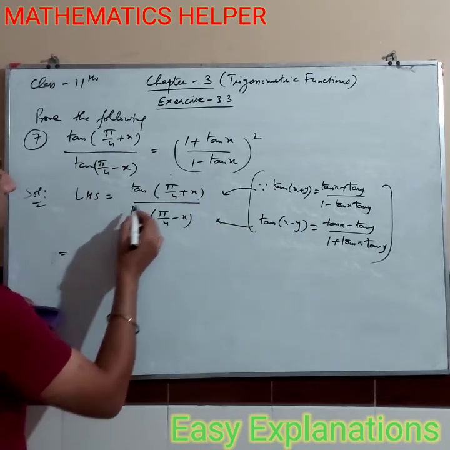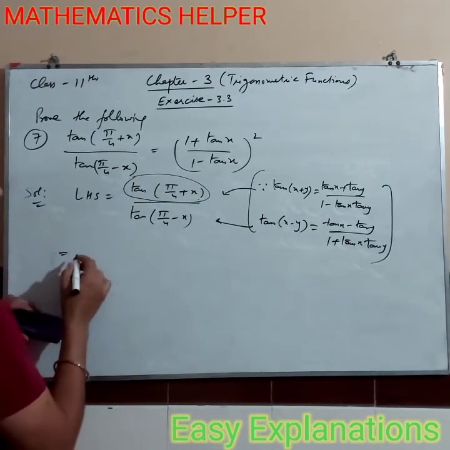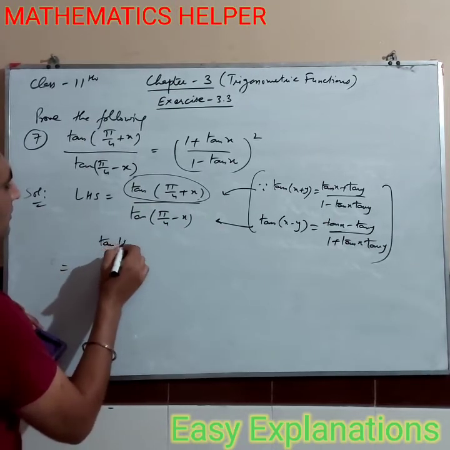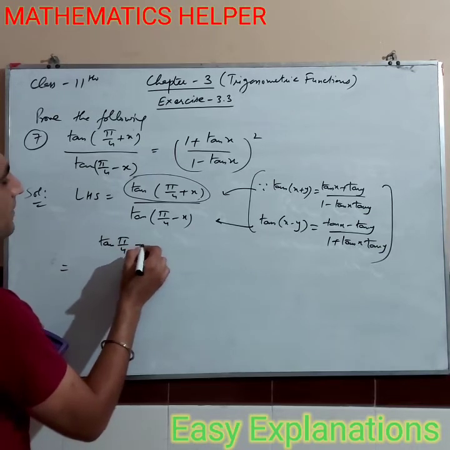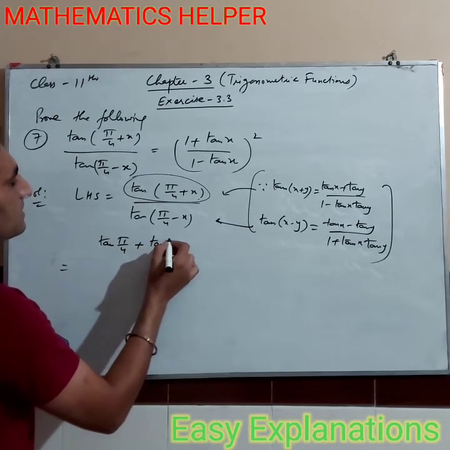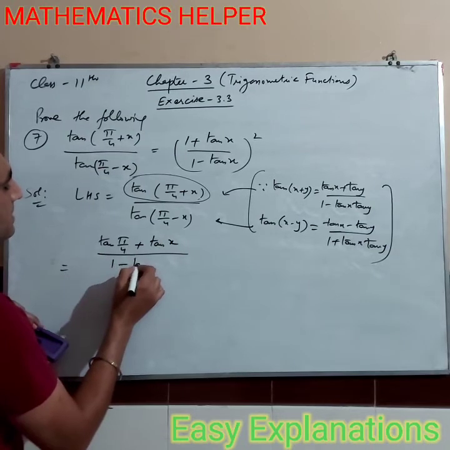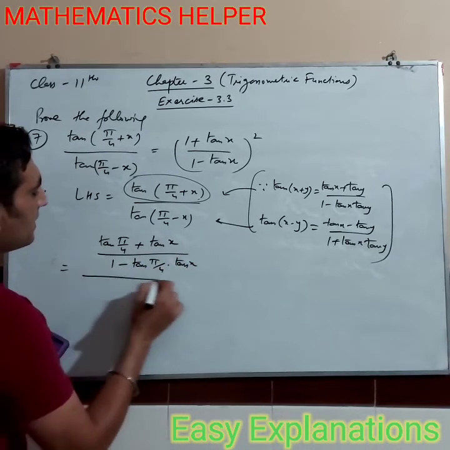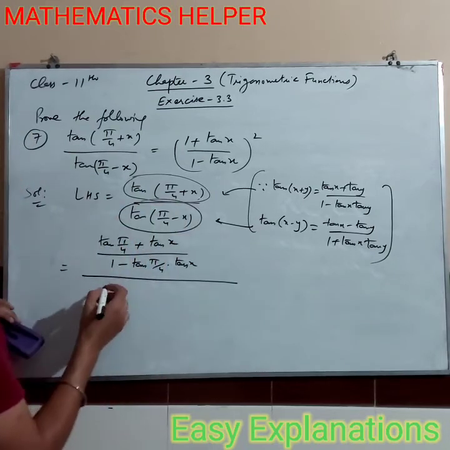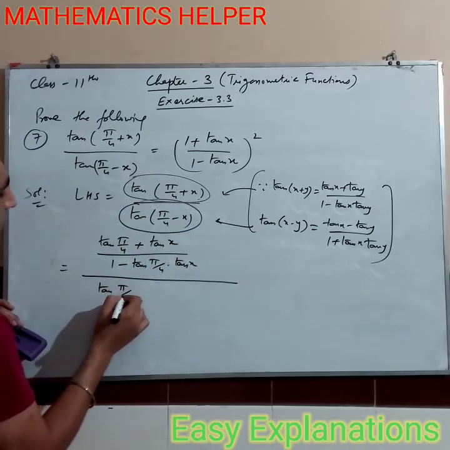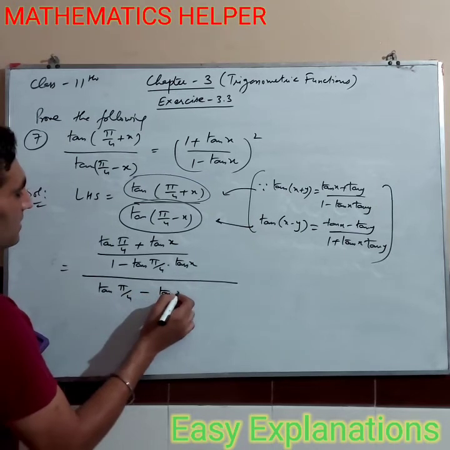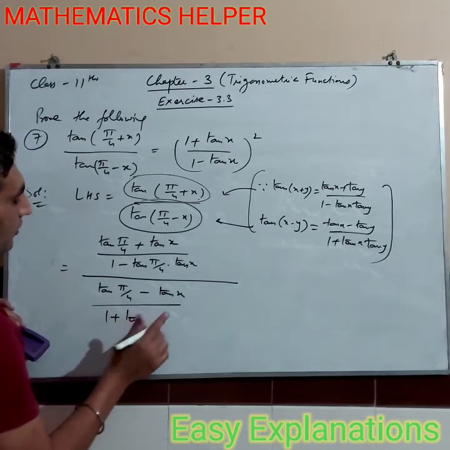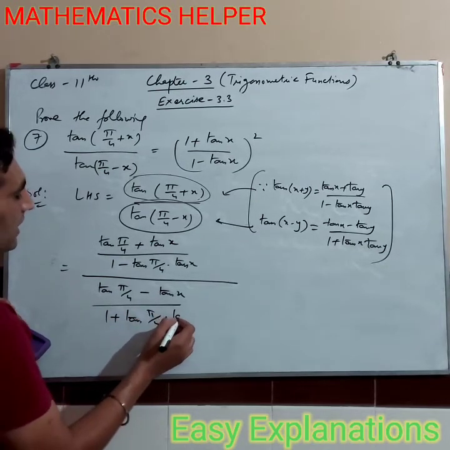So I am writing for the numerator: tan pi over 4 plus tan x over 1 minus tan pi over 4 into tan x. In the same way for the denominator, it will be tan pi over 4 minus tan x over 1 plus tan pi over 4 into tan x.